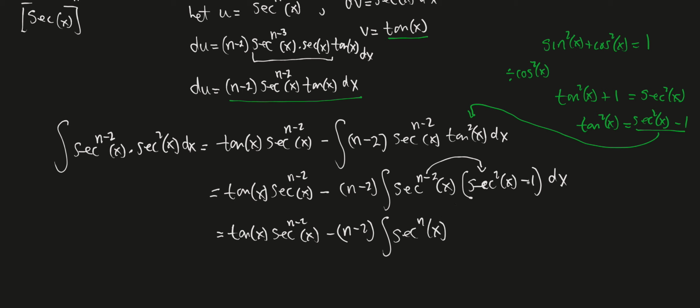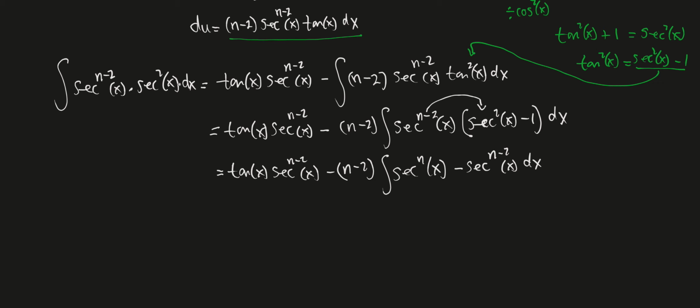And then when I distribute it to the minus 1, I'll get minus secant to the n minus 2 power, dx. So again, what does this mean? Well, we're getting there.